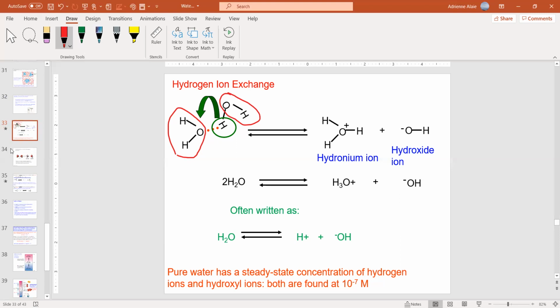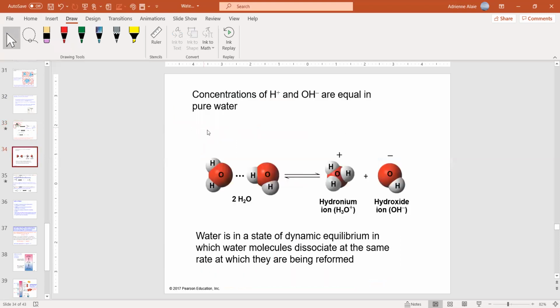All right, so if we want to look at it with nice little space filling models, here's what it looks like. Here's our hydrogen bond between the two water molecules, and then the loss of this hydrogen atom as a proton over to this water molecule, and you make the hydronium ion, H3O+, and you make the hydroxide ion. So here's another definition for this.